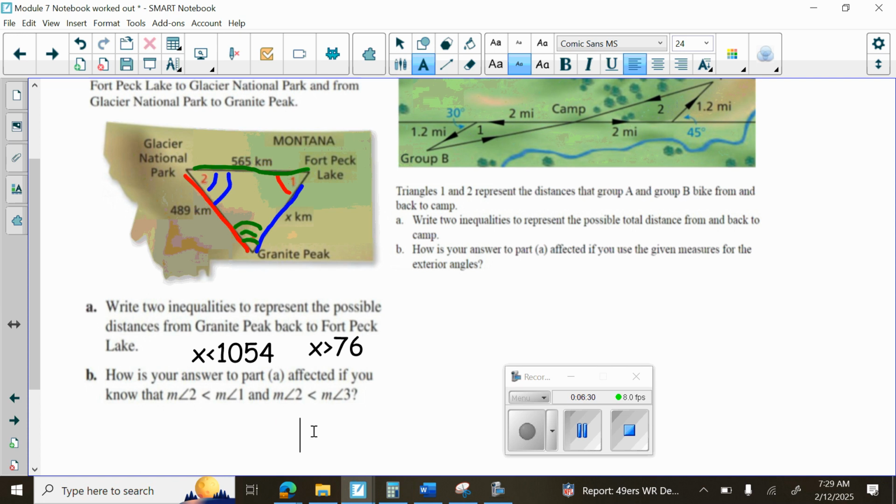So we know that on this side it's going to be bigger than 49 because 49 is the smallest side of that triangle. But we know that it's smaller than what? It's smaller than 565 because 565 is the biggest side of that triangle. Do we understand? Any questions?